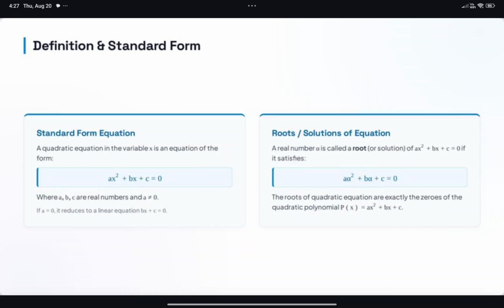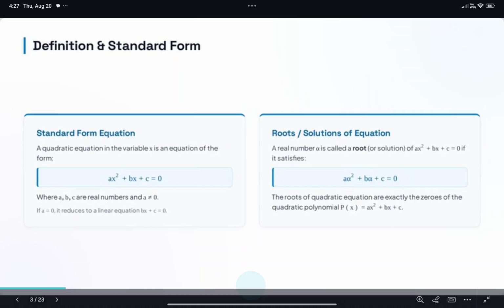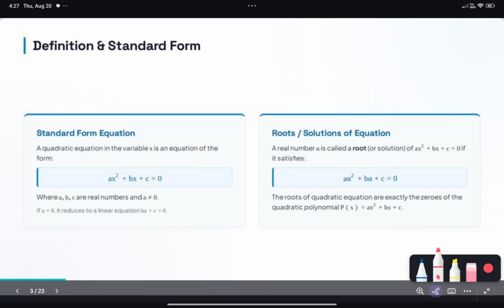In any case, if a equals 0, the coefficient of x square, this complete term, becomes 0. So that is the condition, a not equal to 0.